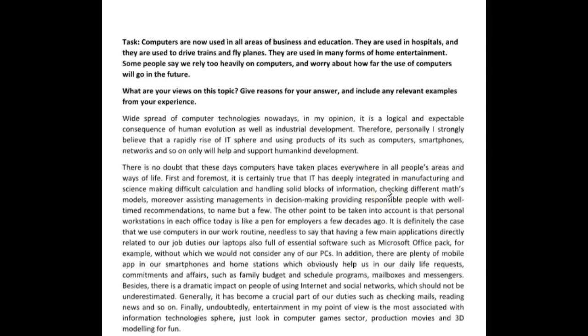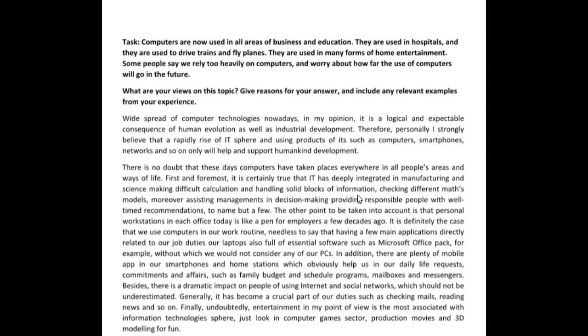Checking different math models, no apostrophe S here, and assisting, no moreover, management, no S, in decision making, providing responsible people with well-timed recommendations, to name but a few. This also is awkward here. It doesn't fit in the way that I think you want it to fit, so you would really need to revise this sentence a bit.